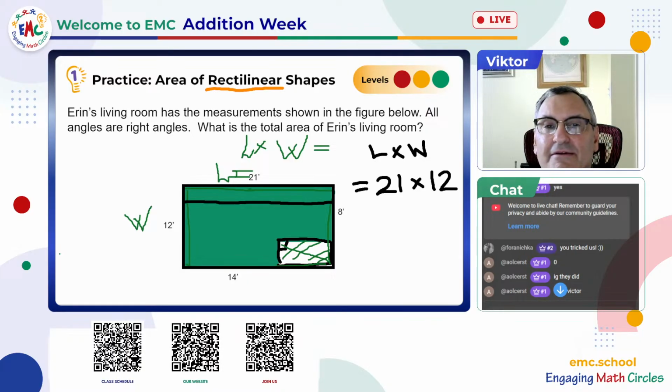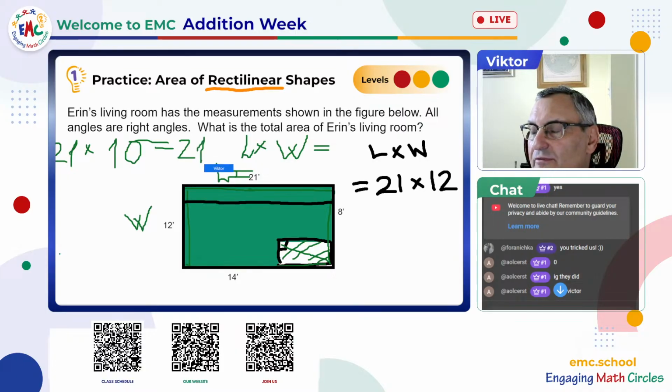21 by 10, we just write 21 and add 0 to the end. It's very easy to multiply by 10, 100 or 1000. We just add zeros to the number.